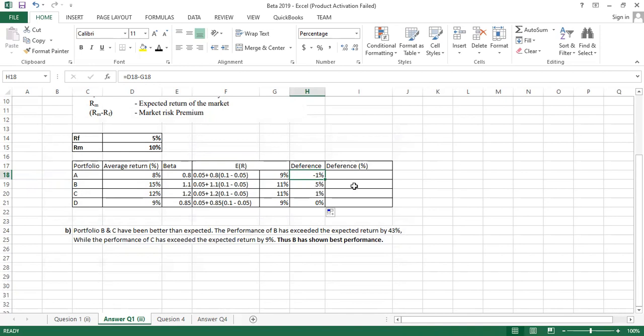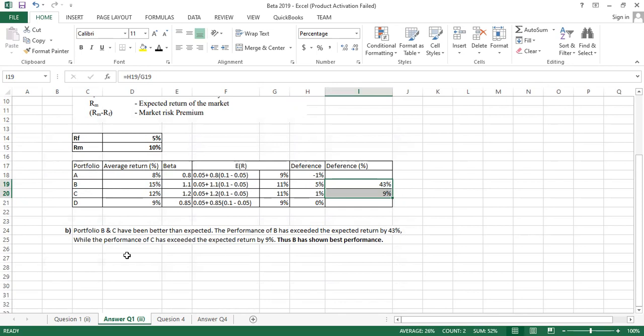First, we calculate the difference as a percentage. That means 5% divided by 11%, and also 1% divided by 11%. The answers are 43% and 9%. Comparing these two, B has the best performance because B is 43%.